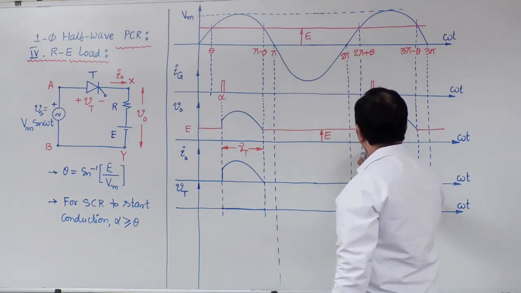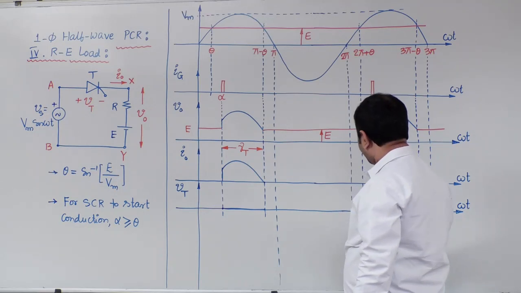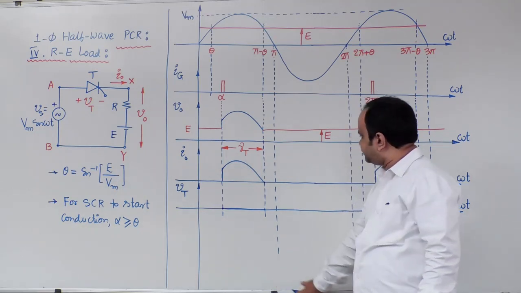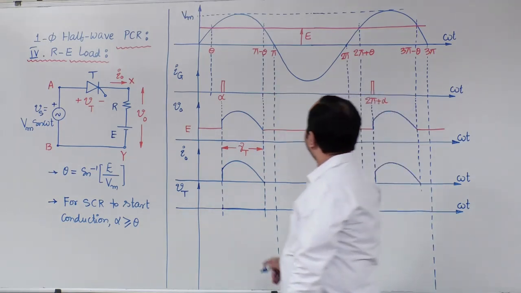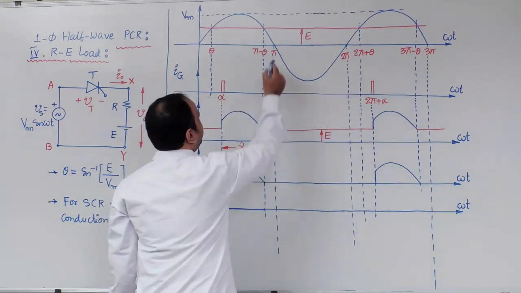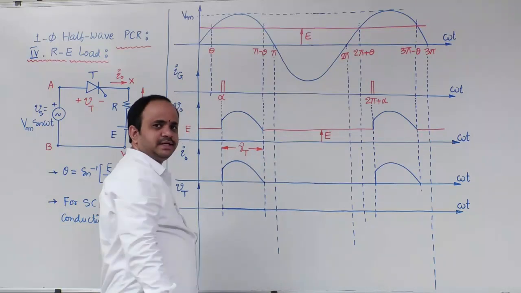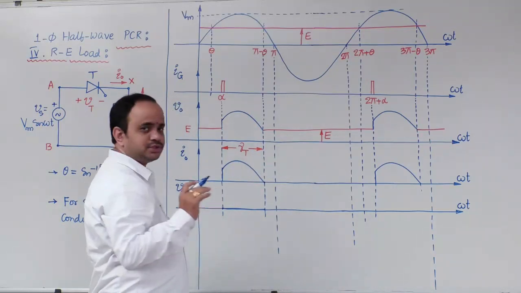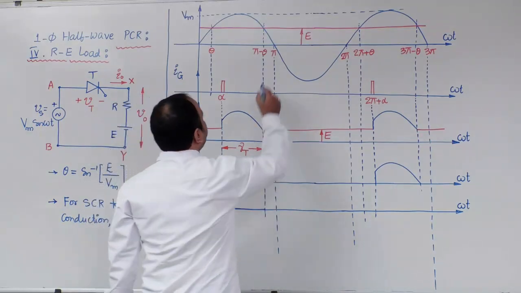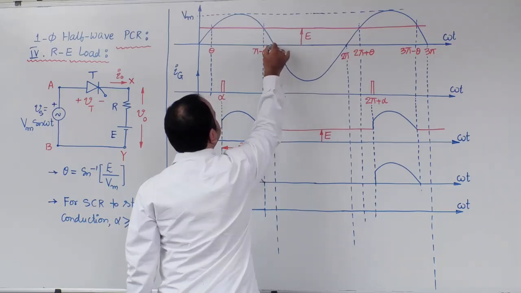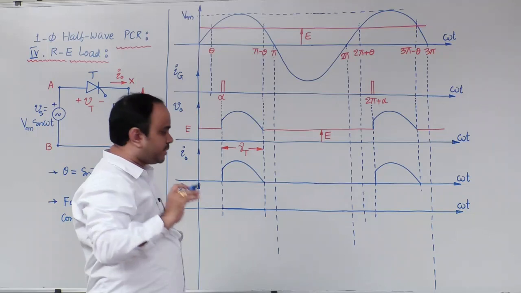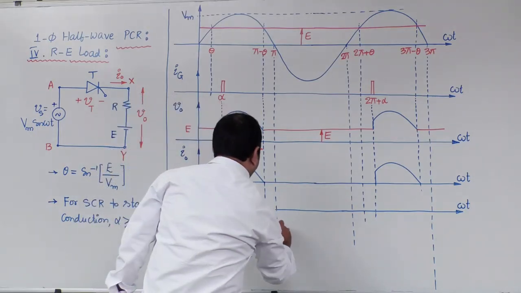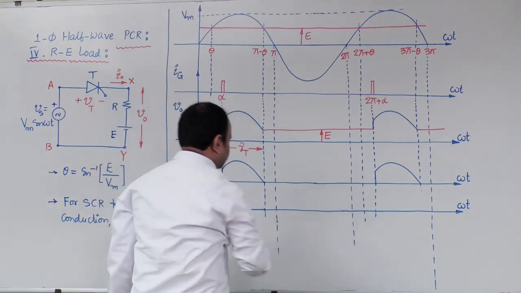Now, let us calculate at every instant of omega t the sinusoidal value and load EMF. Step by step. At omega t equal to pi, the sinusoidal value is 0. Therefore, the voltage across SCR is 0 minus load EMF E, the net result is minus E. I would like to take that value at this point.